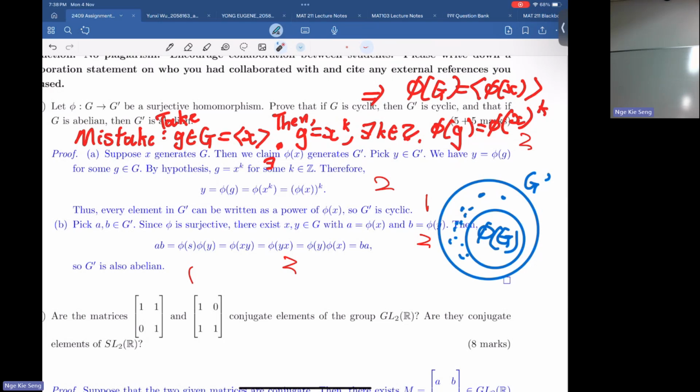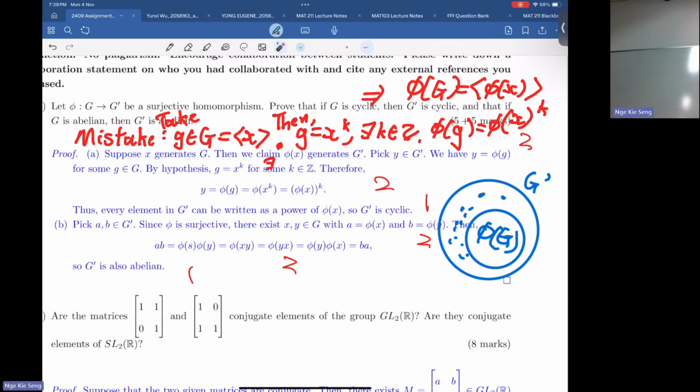How do I argue? I first take everything inside G prime. But in this mistake, do you take everything inside G prime? No. You start with everything inside G and then you apply φ. So this is the image of G only; you just look at the image of the domain.